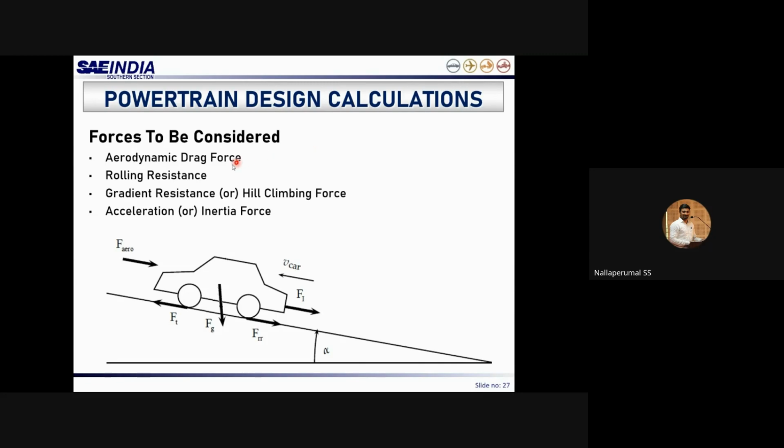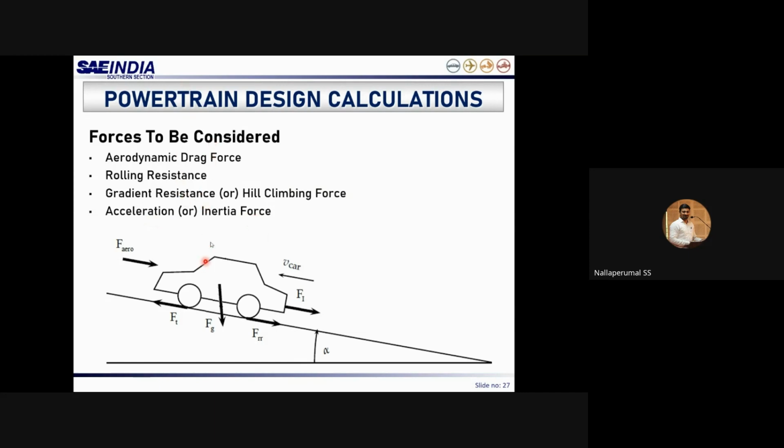So we have aerodynamic drag force. Are you all familiar with this aerodynamic drag force? Okay, we will see that. So aerodynamic drag force, the rolling resistance because of your tires, the gradient resistance or the hill climbing force, and the acceleration force.